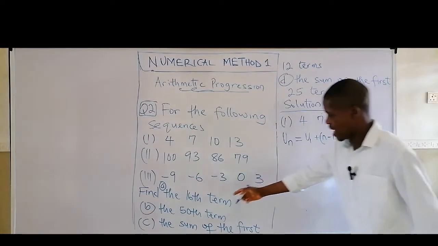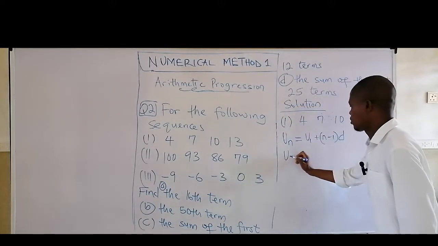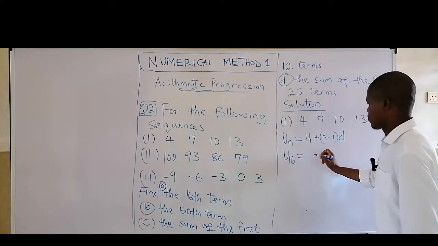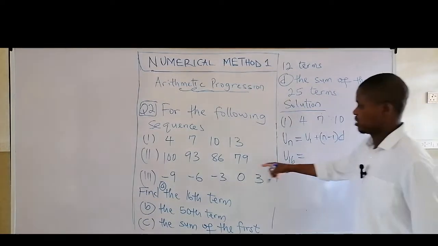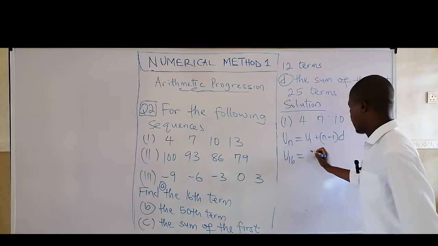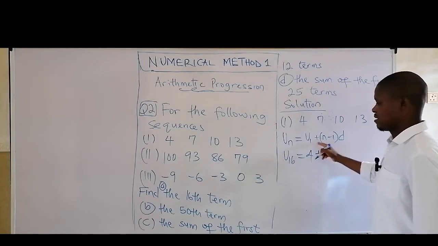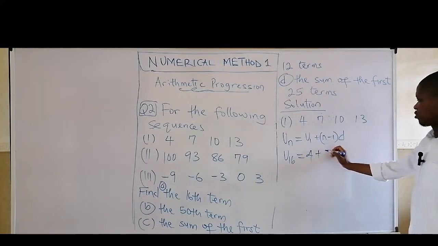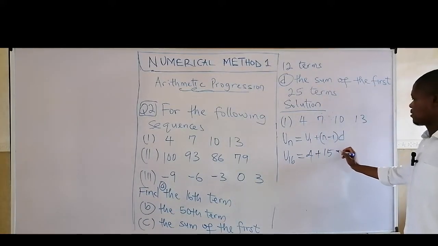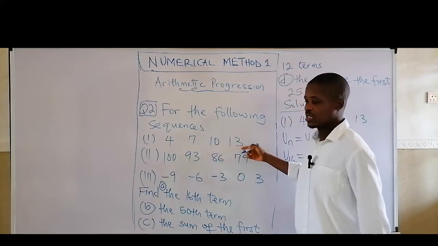For the 16th term, it means n is 16. So u subscript 16 equals my first term, which is 4, plus n is 16, that is 16 minus 1, that's 15, times the common difference. Looking at the pattern, it's increasing by 3.